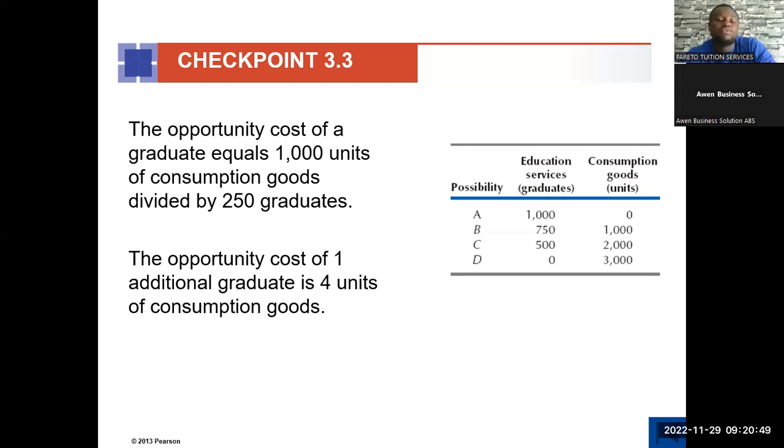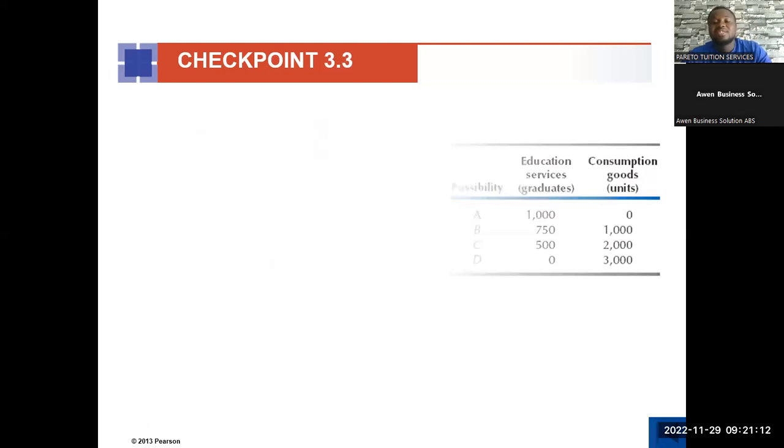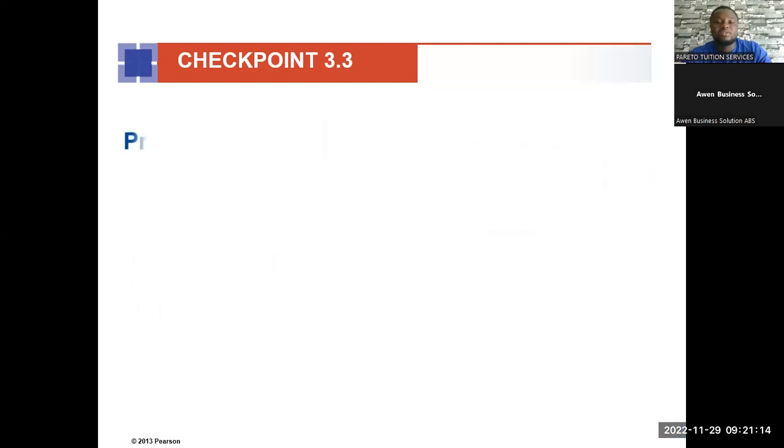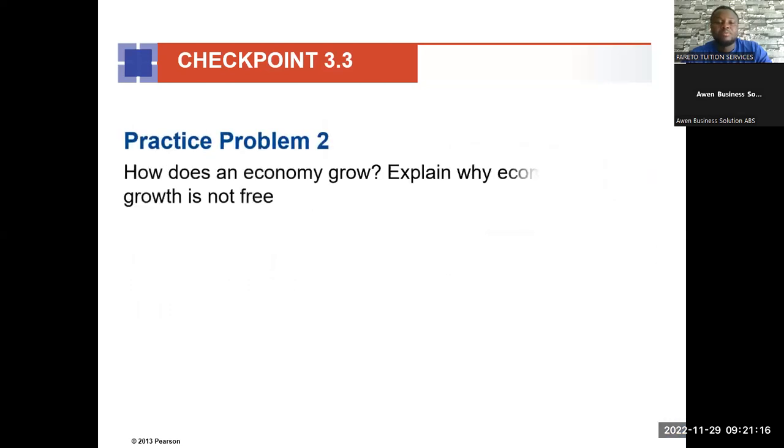But that means we have to postpone current consumption. If you need just an additional graduate, you have to sacrifice 4 units of consumption. The consumption goods are the goods we consume now for our individual satisfaction. So for you to get more capital goods, you have to produce less of the consumption goods. So 4 units of consumption goods for just one graduate.